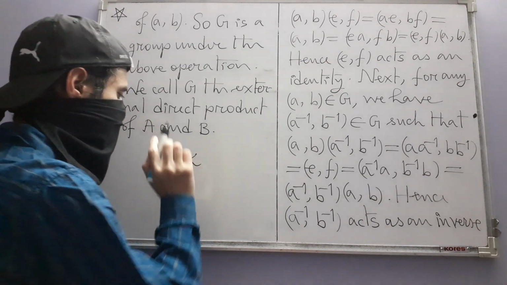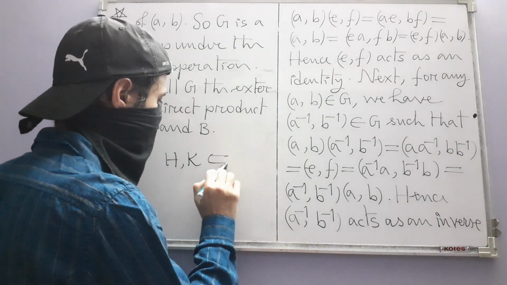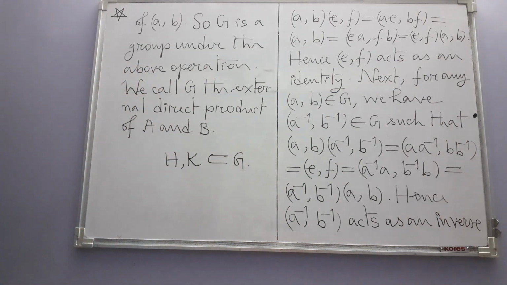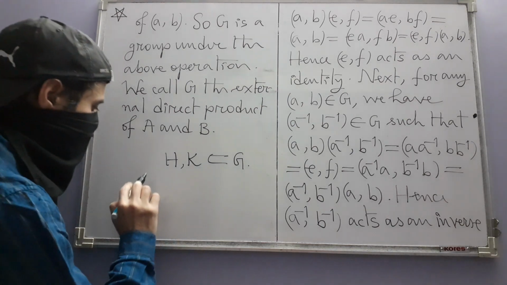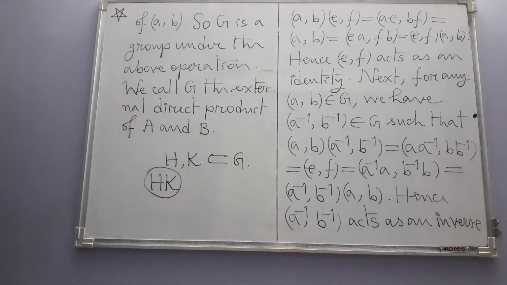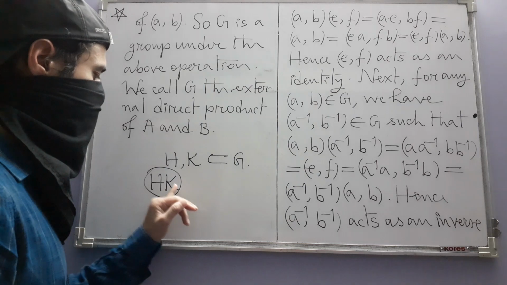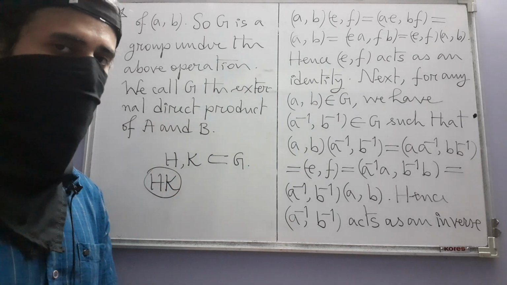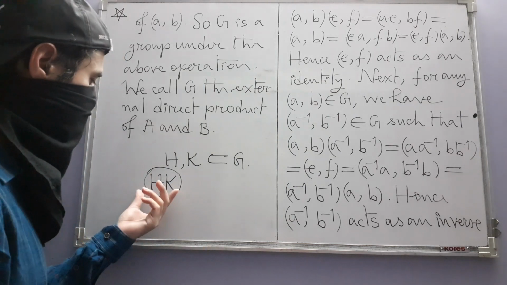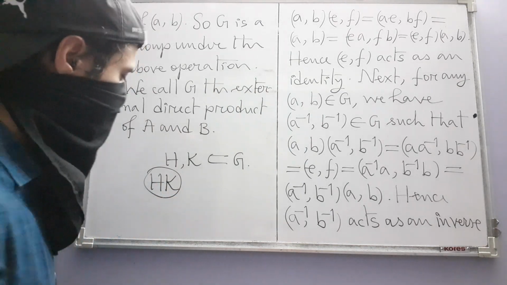Say H and K are two subgroups of a group G. We have already considered a product like this, HK, and once we wanted to know when this HK is a subgroup, and it turned out that it is a subgroup if and only if HK is equal to KH.